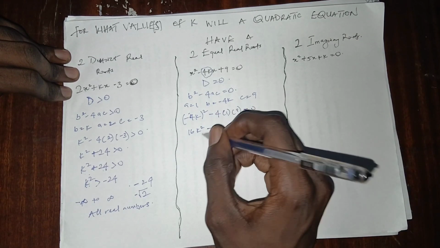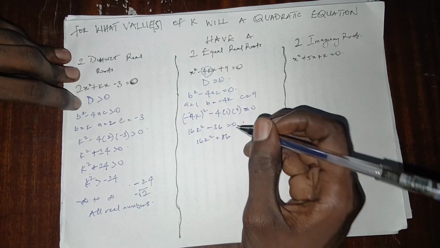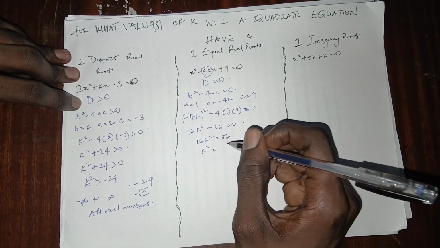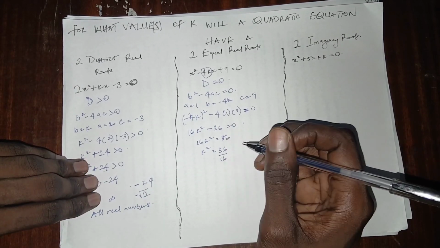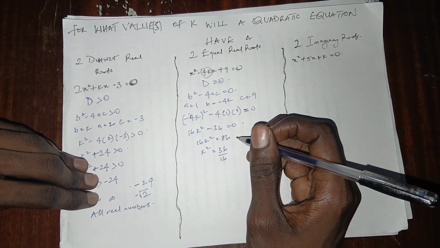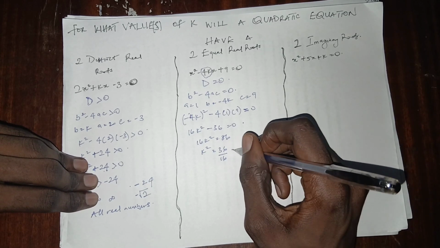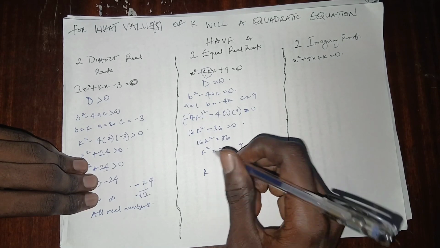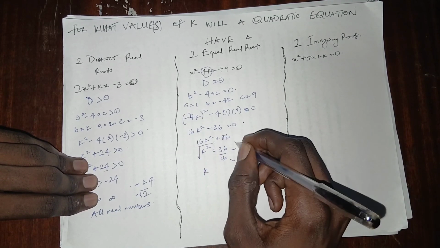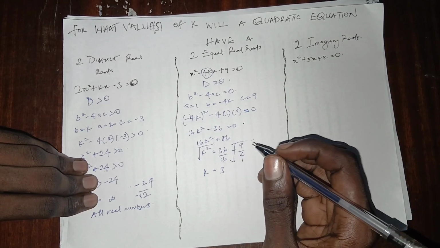So take this to the other side, I have 16k squared equals 36. Divide both sides by 16, and dividing by 4 in both cases, I have 9 over 4. If you take the root of both sides, you have 3 over 2.